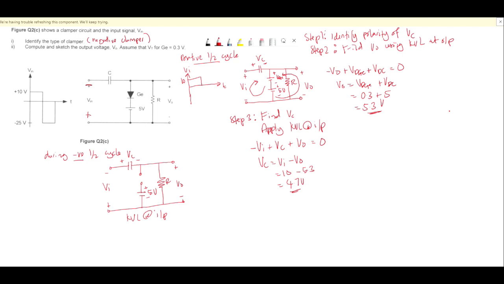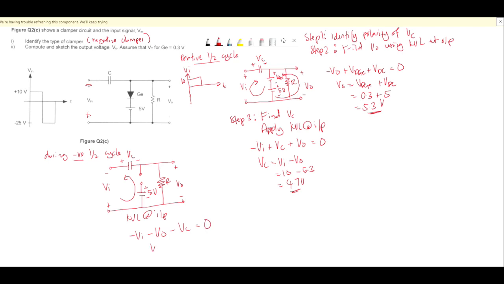I make a loop first, starting from the input voltage, negative Vi, then going through Vout, negative Vout, lastly the capacitor voltage, negative Vc, equal to 0.